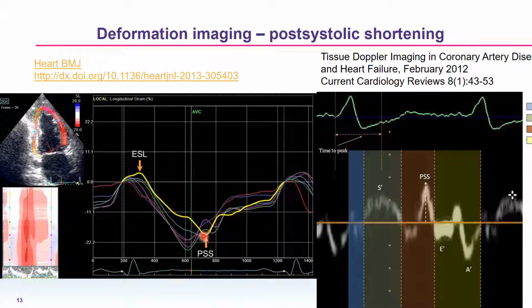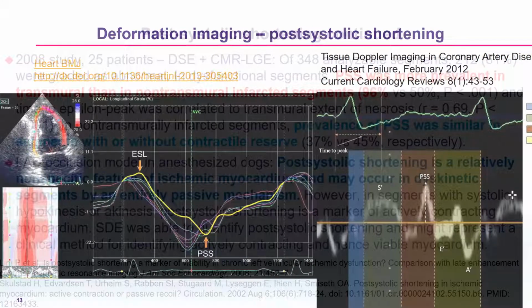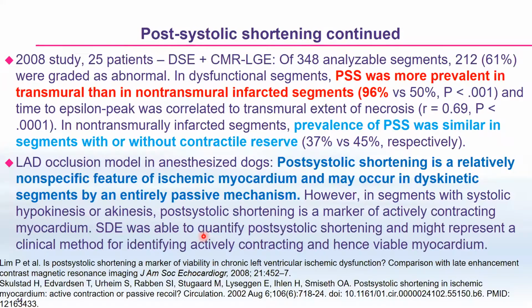Unfortunately, the post-systolic shortening is not as good as it looks. This is a small study with 25 patients from 2008, but the patients are very well characterized, in studies with LGE, and the post-systolic shortening was extremely common in the transmural infarction.